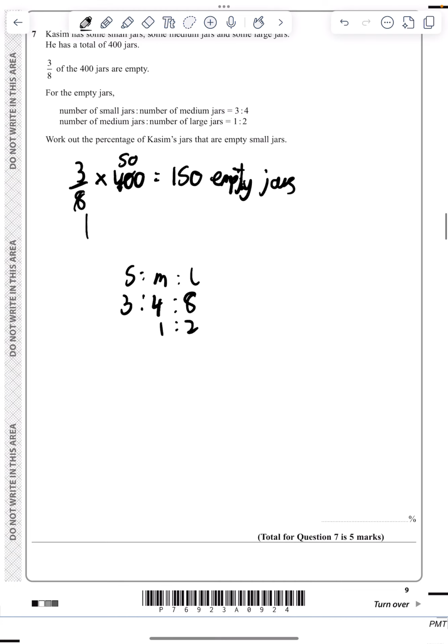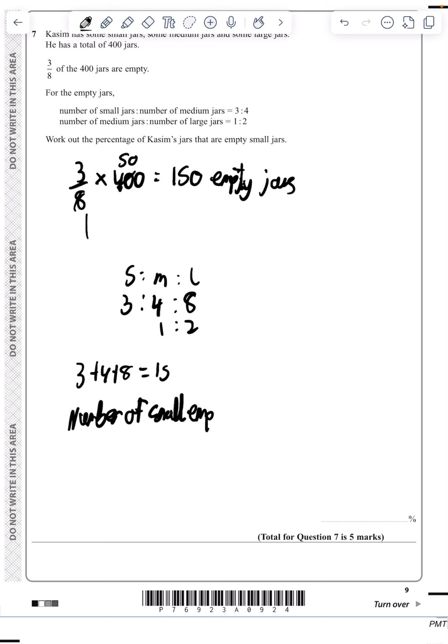Then you just work out the number of the small jars out of the empty ones. So 3 plus 4 plus 8 equals 15. And that's just 30.